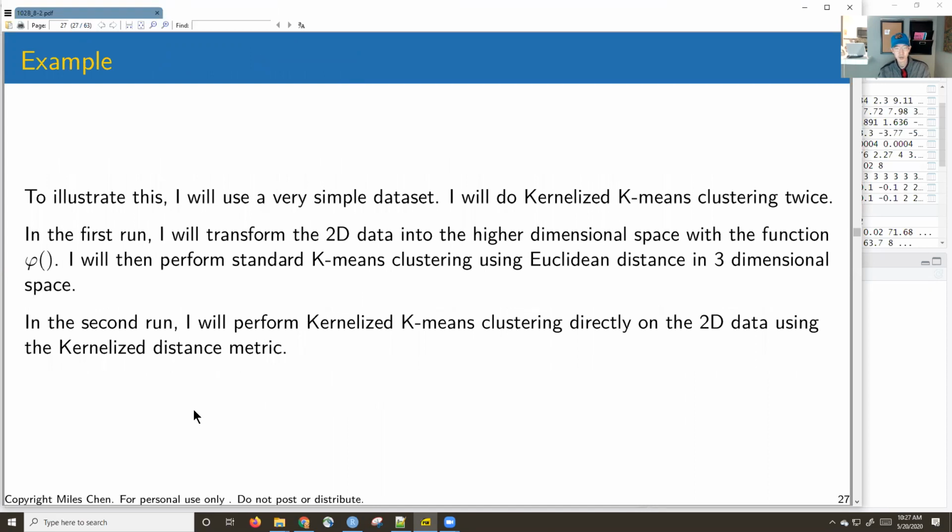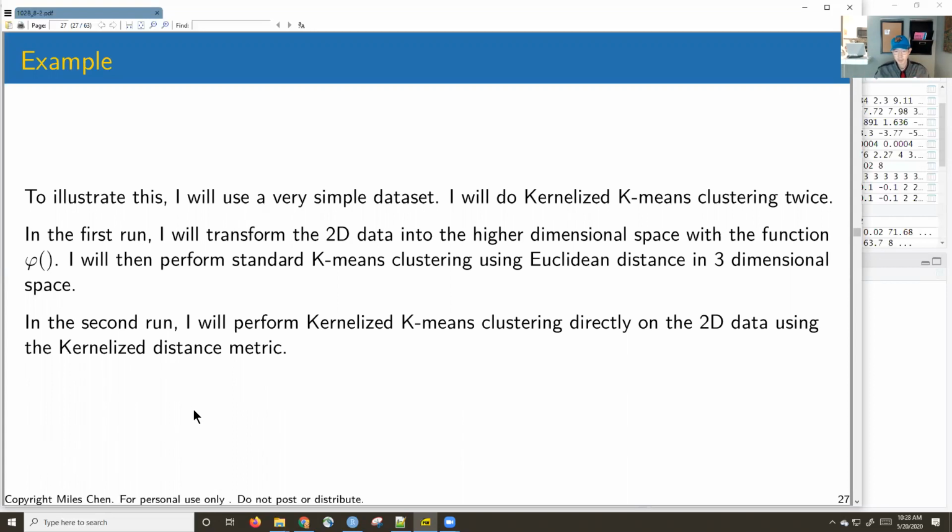So we're going to try this with a very simple data set. We're going to do kernelized k-means clustering twice. First, I'm going to do it the old-fashioned way. I'm going to take the 2D data and use a kernel function that is equivalent to transforming it into 3 dimensions, and then we'll calculate Euclidean distance in 3 dimensions.